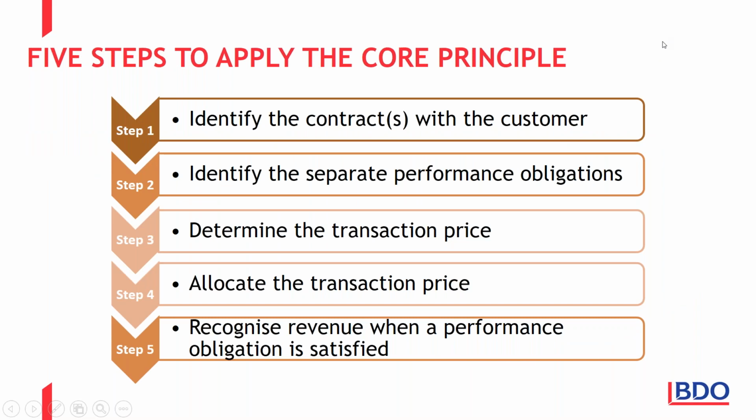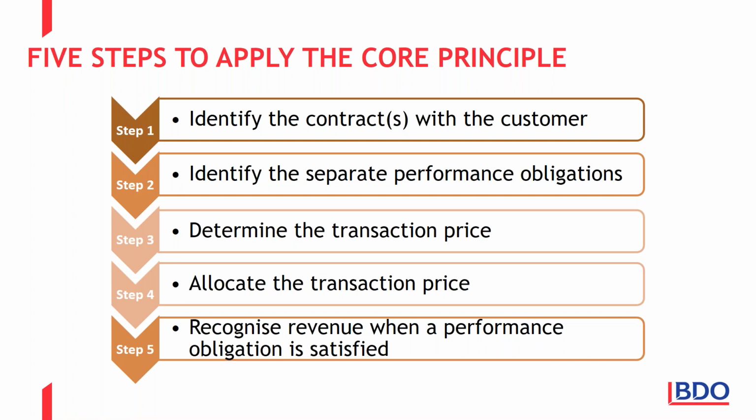Now, the core principle is then broken down in AASB 15 into 5 steps. So the first step is you have to identify the contracts with the customer. Step 2 is to identify the separate performance obligations.